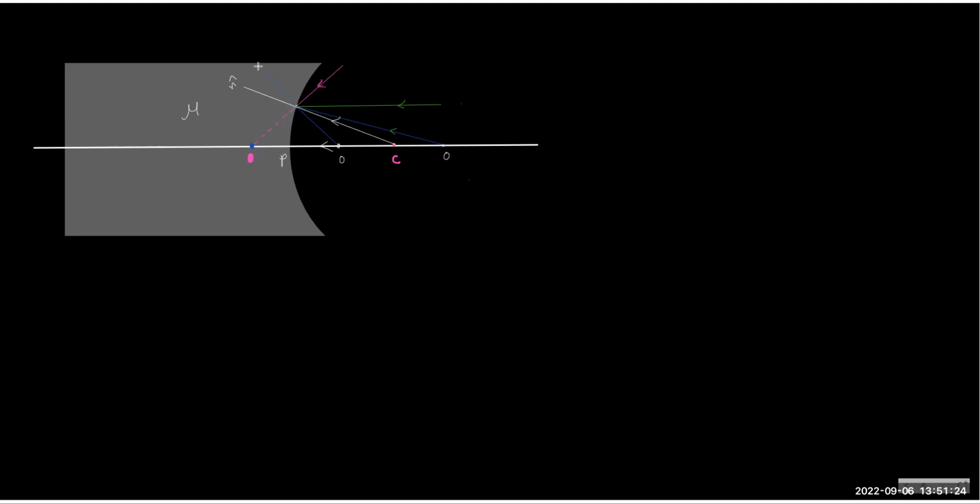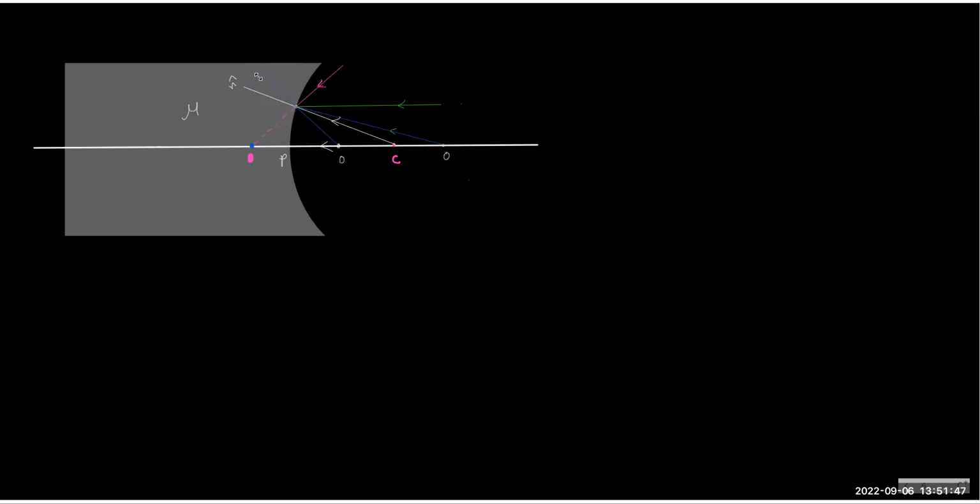For this blue, it will bend towards the normal like this. Even in the worst case, it can bend only this much, no? Tending to 0. So for this O, the image is again only virtual possible. You can see.